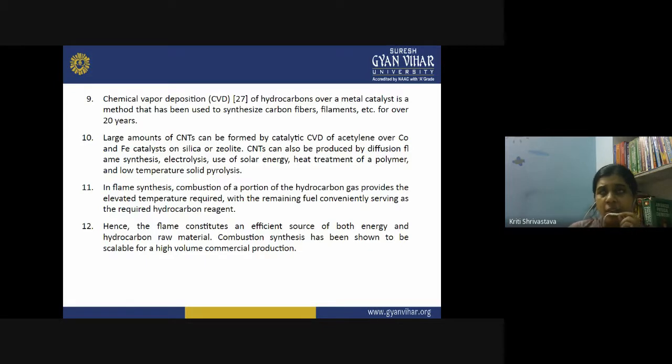Like in one of the conferences, a scientist from MNIT was explaining his research work about carbon nanotubes, and what he was doing was collecting carbon particles from the atmosphere. The carbon fumes that are emitted from vehicles also contain carbon nanotubes.